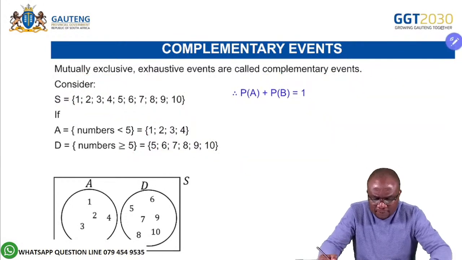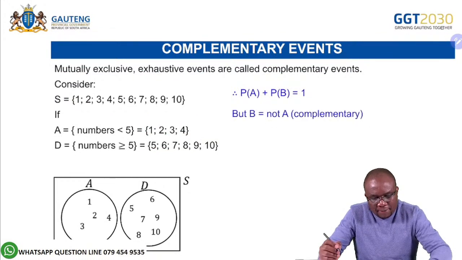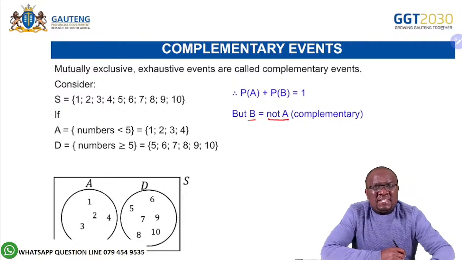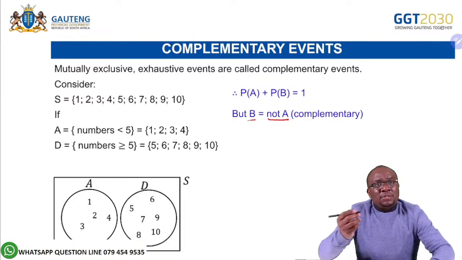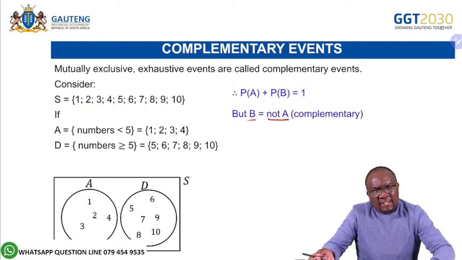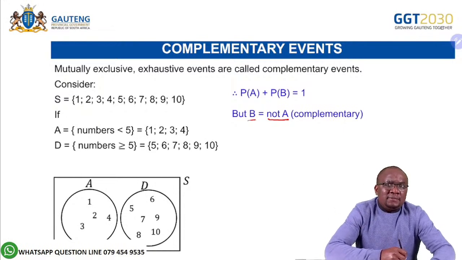Let's move on. I'm saying the probability of A plus the probability of B is equal to 1, but B is just the same as not A for complementary events. Like there, we say that the probability of not failing is just the same as the probability of passing.